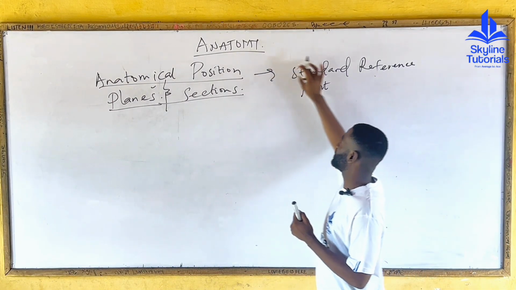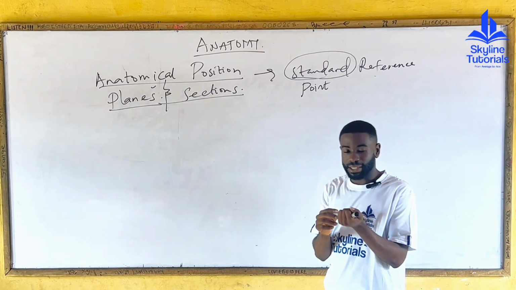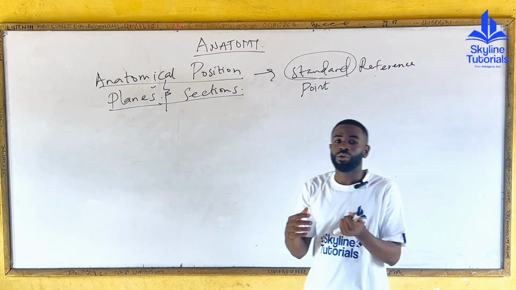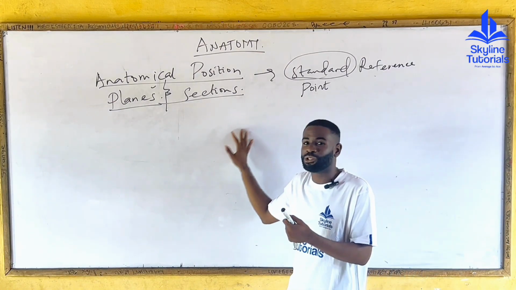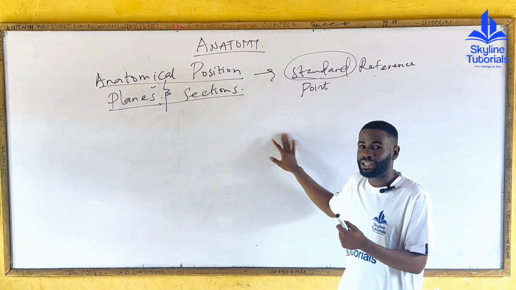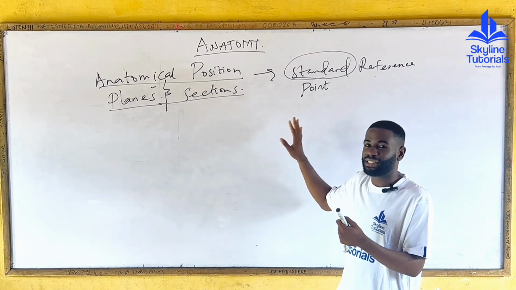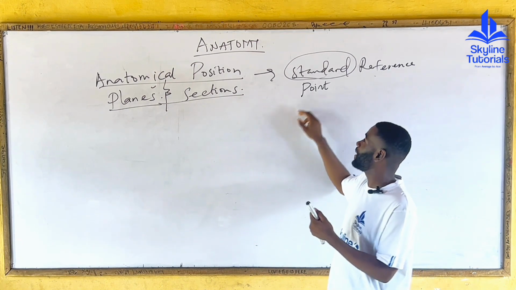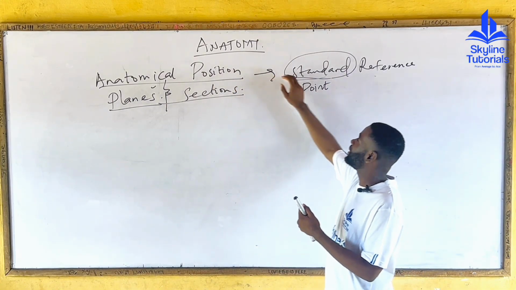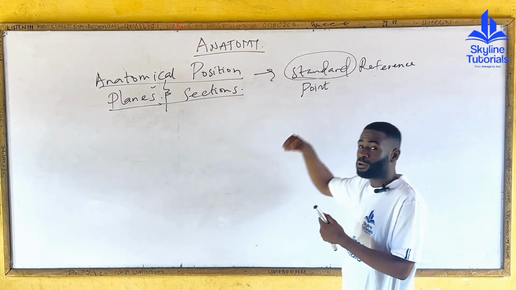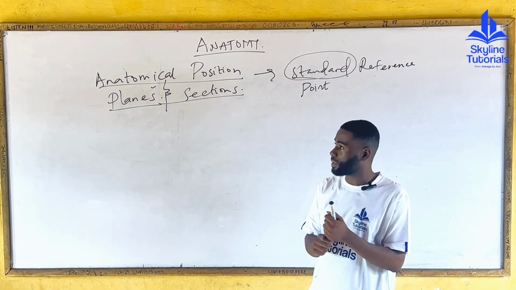Anatomical position is standard, universal, common. It means it is peculiar to everywhere. Everywhere you go to, it is the same anatomical positioning that is used. If you go to the UK, or anywhere, it is the same positioning. That is why they say it is the standard. So anatomical position is the standard reference point for the description of different body parts in the system.